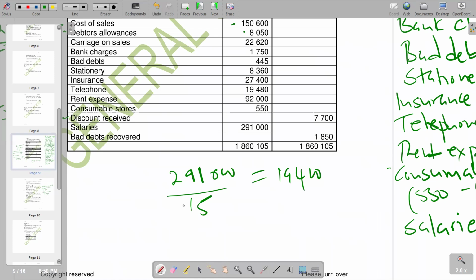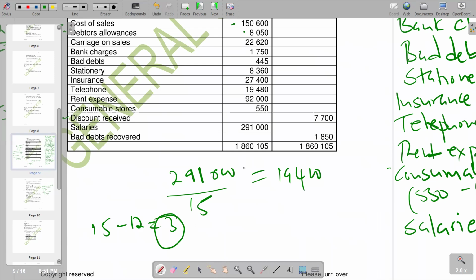But we know that in a financial period, we've got 12 months. So if you say 15 minus 12, you see that there is an extra 3 months that was paid for salaries. So we have to see how much the salaries were for 3 months, then subtract from 291,000, so that we remain with what belongs to this period.